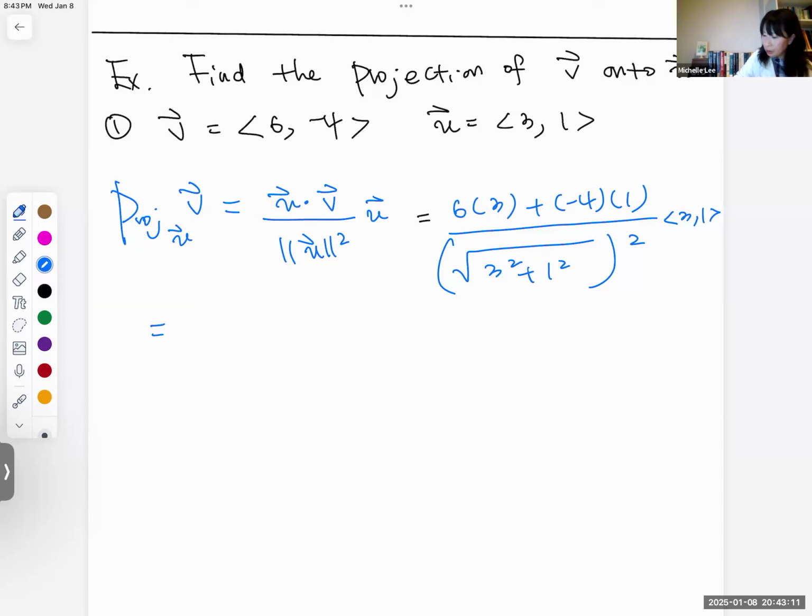Equal to, numerator has 14 over 10, and (3, 1). We get (21/5, 7/5).